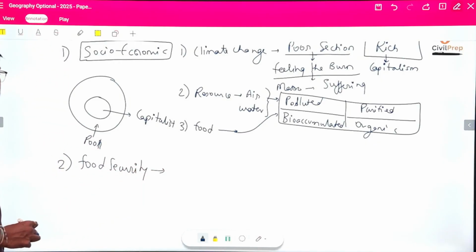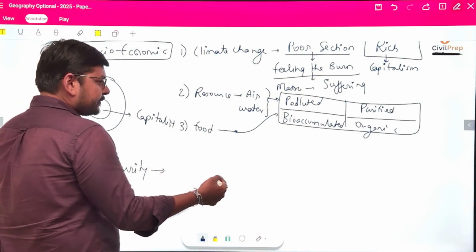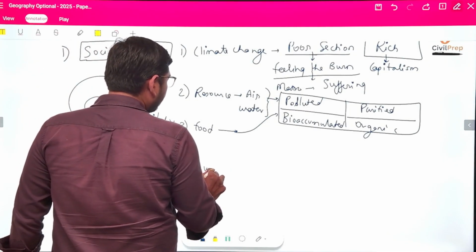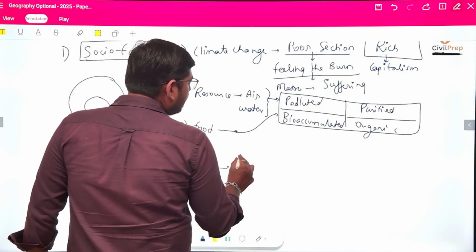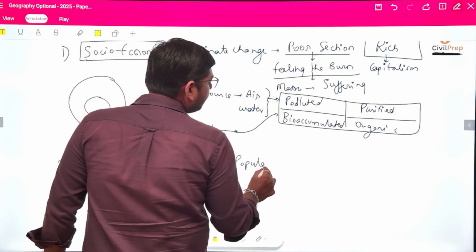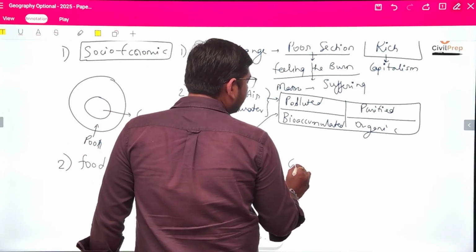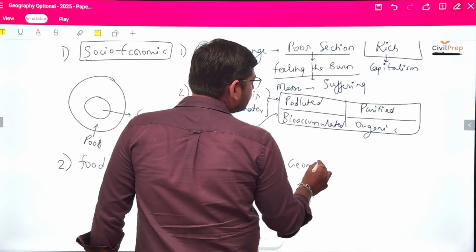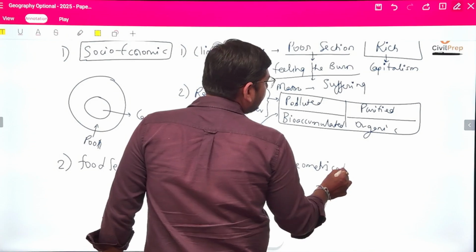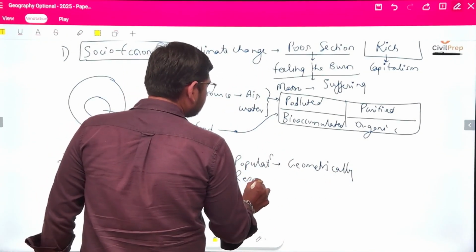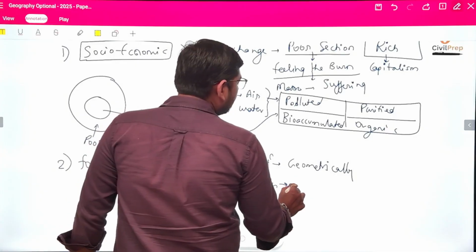I can also see that it was basically given by Malthus that the population will grow geometrically and the resources will grow arithmetically.